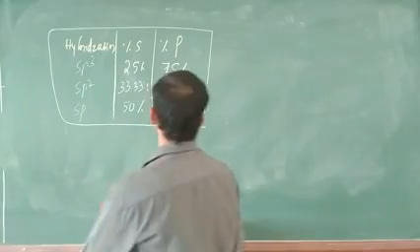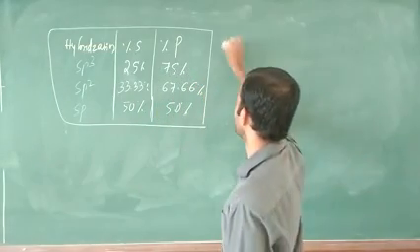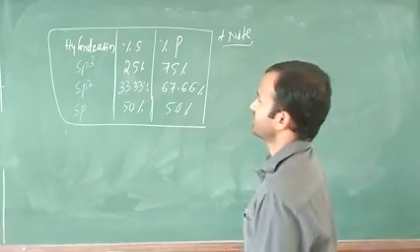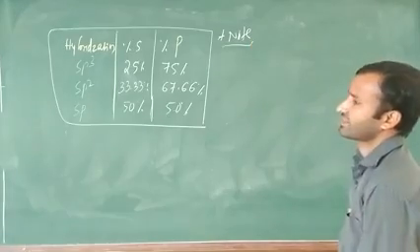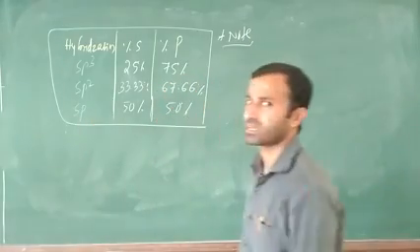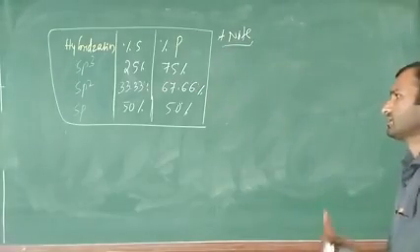Next, with the help of this tabular column, we are going to make a final note. Important: out of these three, which has the highest s character? Obviously the answer is sp. The sp hybrid orbital has the highest s character.